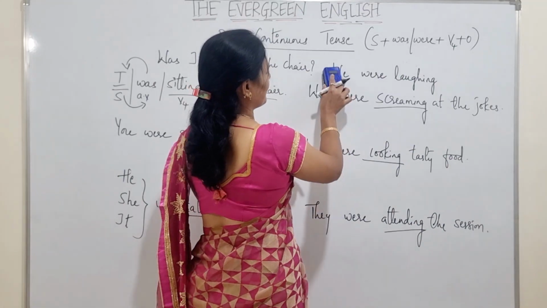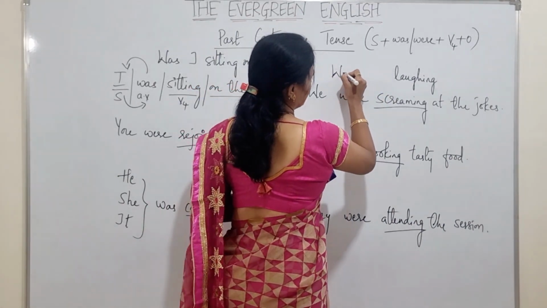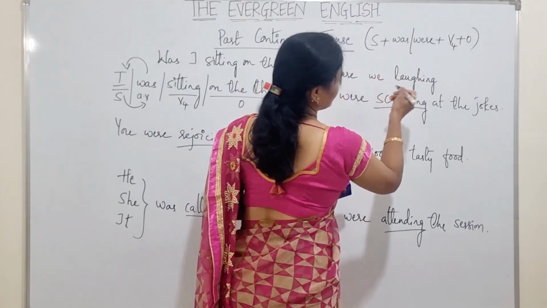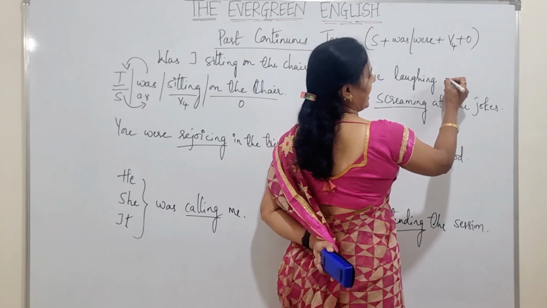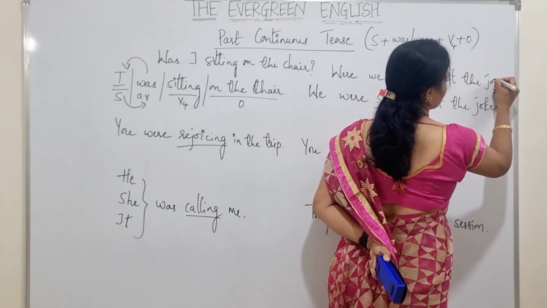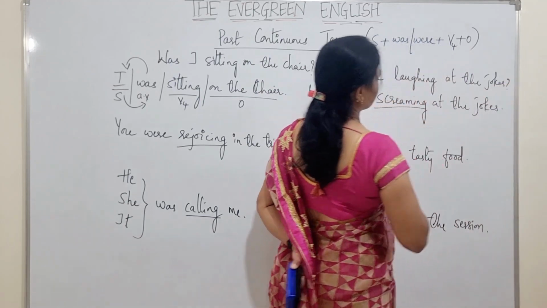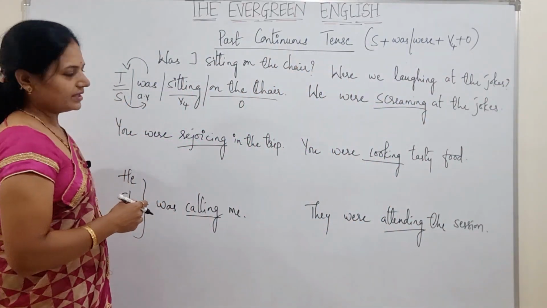Were we laughing? Were we laughing is also correct. If I add an object, the jokes. Understood?